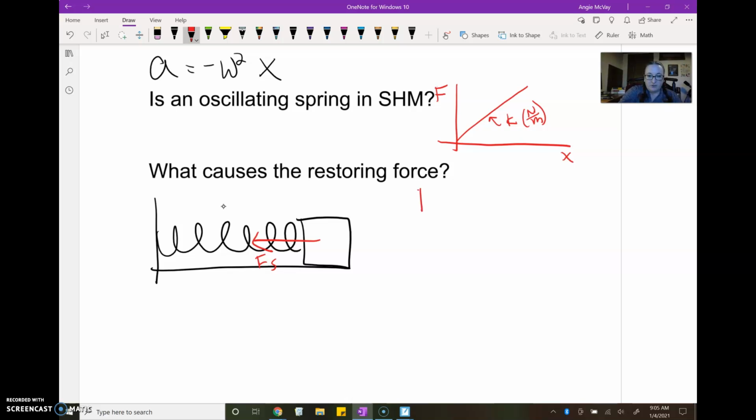So the equation for a spring: the spring force is equal to negative k times the displacement, where in this case k, this is why I pointed out that other k, is the spring constant.